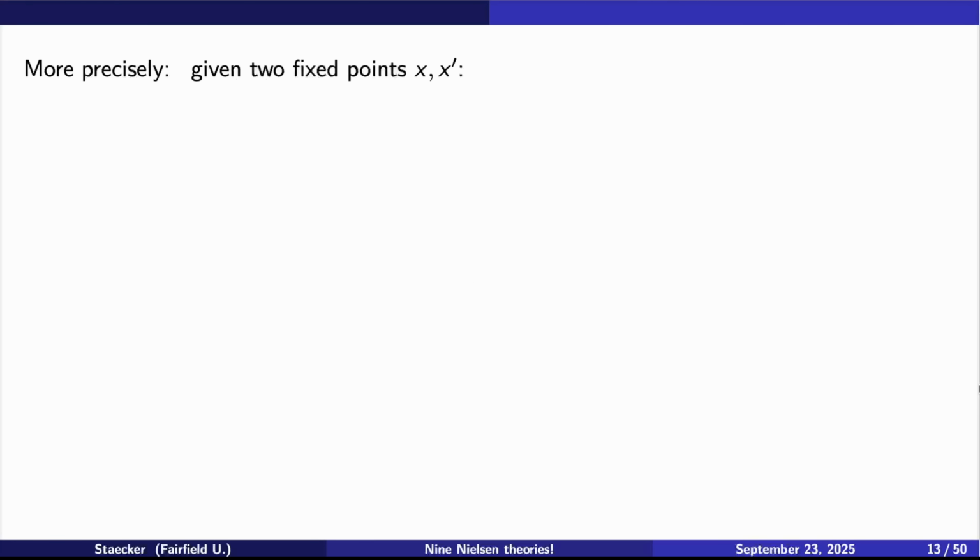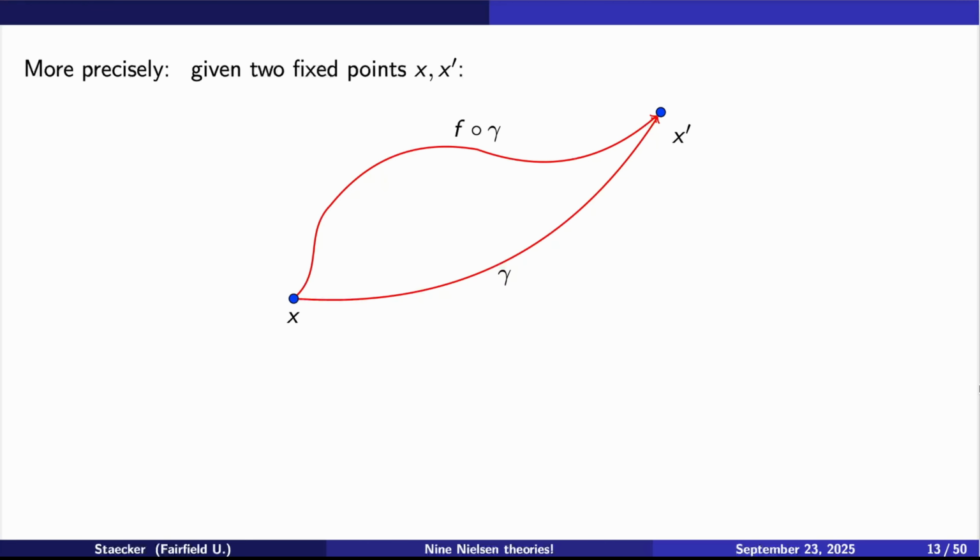All right, we can be more precise about it. If I have two different fixed points, x and x prime, I draw them like this, then there must exist a path, and this will be the path on which I'm going to bring them together. So there has to be a path, first of all, and that path must have the property that if I apply the function to this path, since x is a fixed point, this first endpoint will still be here, and this path will also end still here, because those are both fixed points.